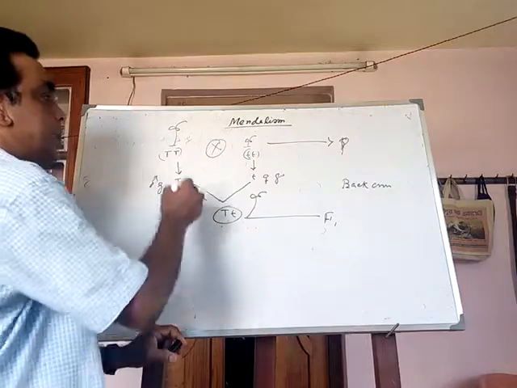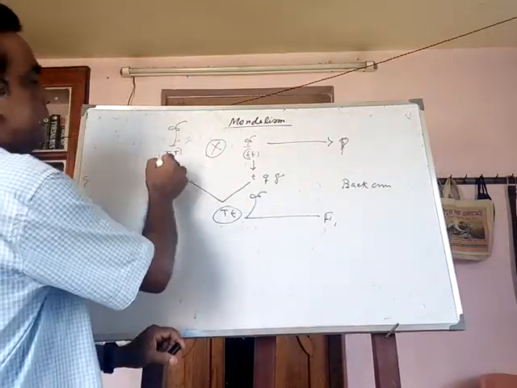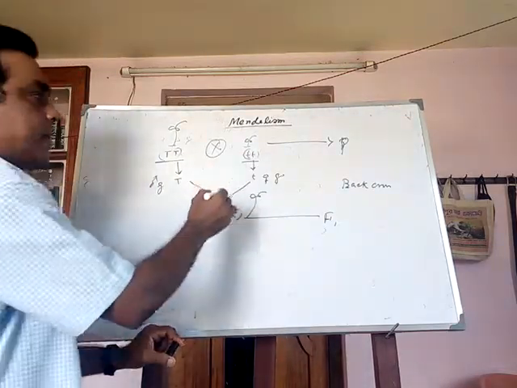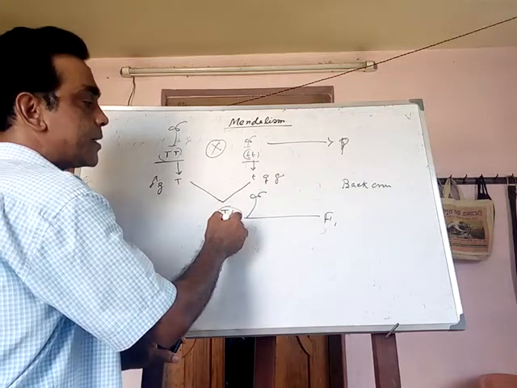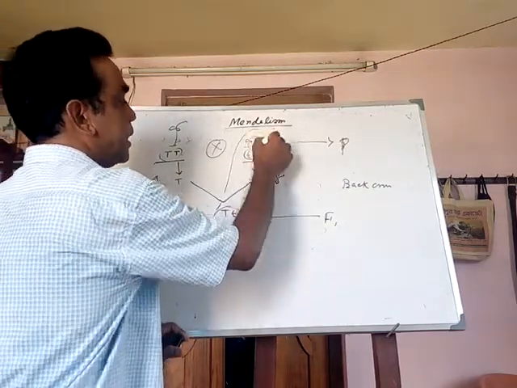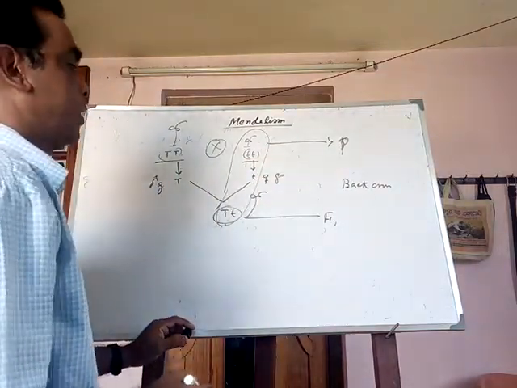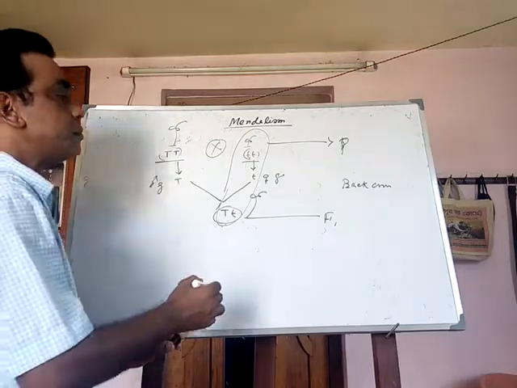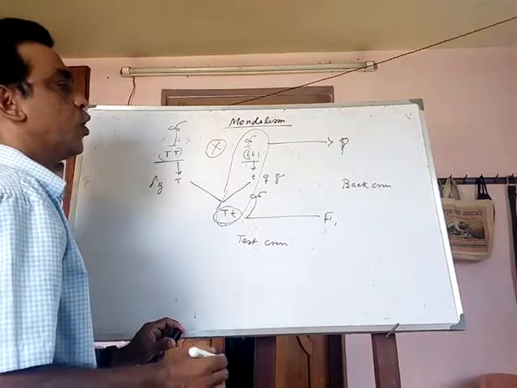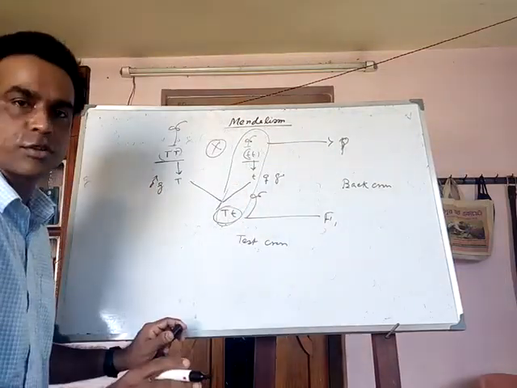But here we see that it is the dominant feature, it is the recessive feature. When the first filial generation plants or organisms are crossed with the recessive parental generation, it is called the test cross. So all test crosses are back crosses, but all back crosses are not test crosses.